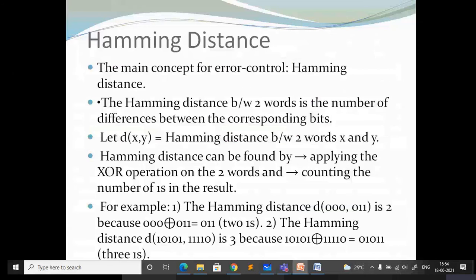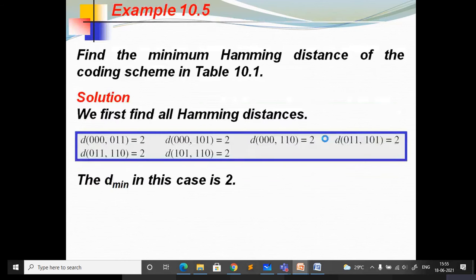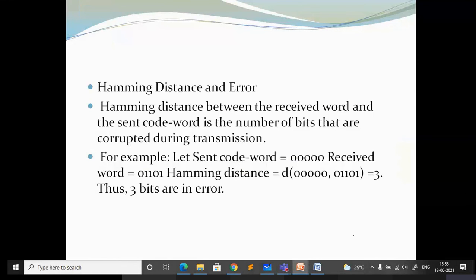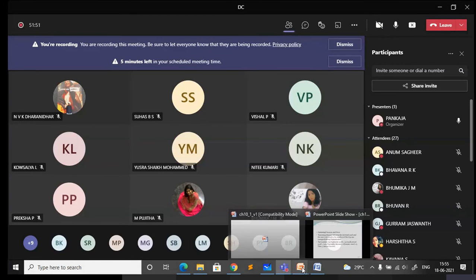Let me just move on to Hamming distance. In block coding, I think is it getting late? I thought of finishing this Hamming distance also. That's a very simple one. Shall I take 5 more minutes? I think you don't have any other class, no? Shall I continue for 5 more minutes?